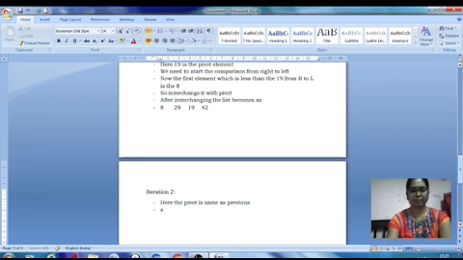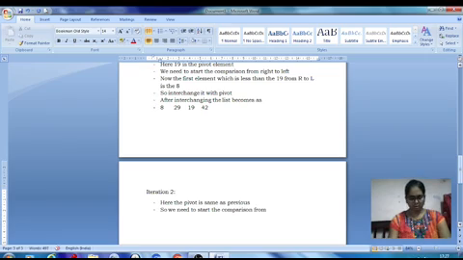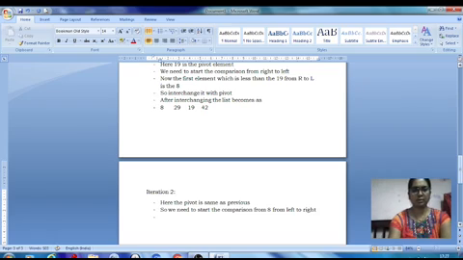Okay, so we need to start the comparison from 8, from left to right.